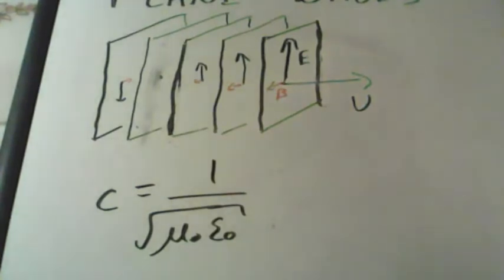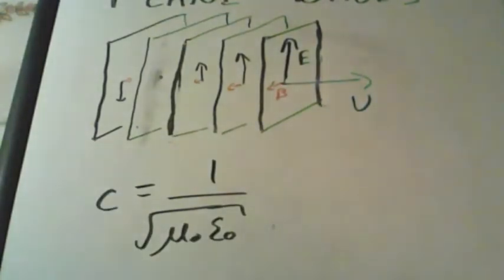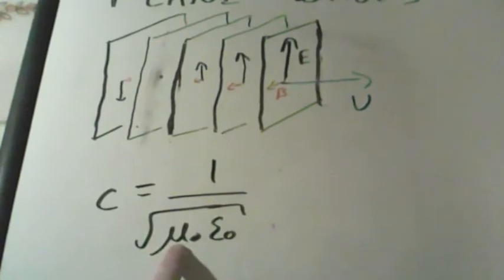I'm not going to go too much further into the details of this, but one of the main results of looking at plane waves, electromagnetic waves, when you put this into the wave equation that we talked about at the beginning of the year, is that the speed of electromagnetic waves, c, is related to the magnetic permeability and the electric permittivity.